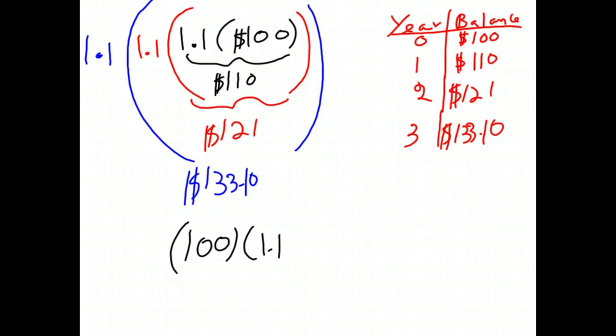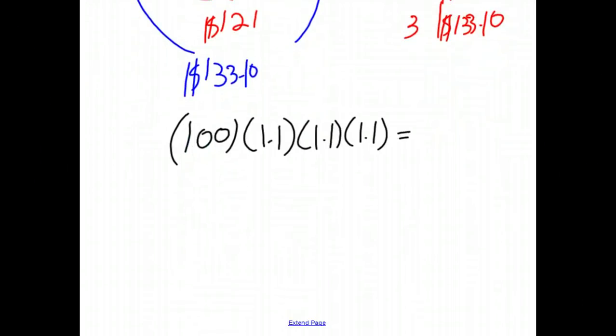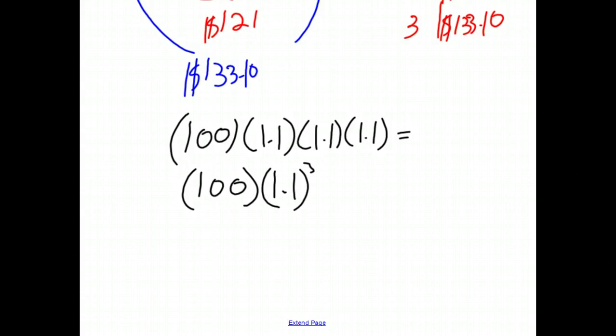In this case, it happened to be 3 times. So we multiplied 100 times 1.1 times 1.1 times 1.1. And that's the same thing as saying that we multiplied $100 times 1.1 to the 3rd power.